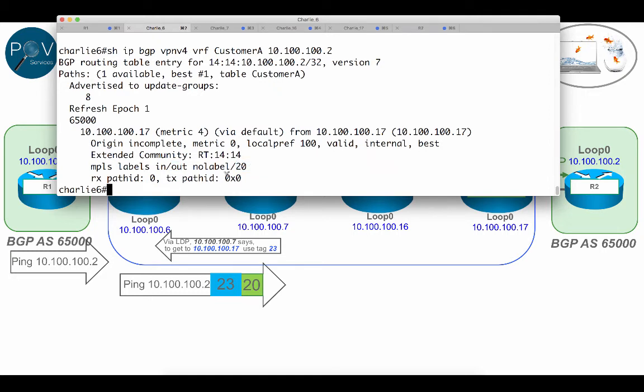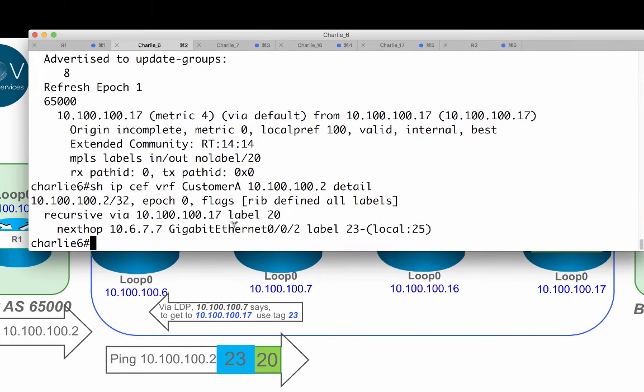Now, actually, a command that I really like, which I just did so that I don't have to mess it up, is show ip cef vrf Customer A. So what we're actually doing is saying, tell me about the CEF forwarding table, right? Because we're not going to do these lookups all the time. So what we actually have, and this is the recursion that I was telling you about, and I really like this a great deal: the BGP VPN, Charlie17 told us to use 20.